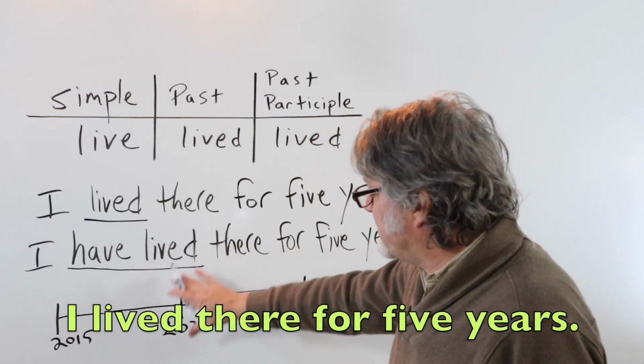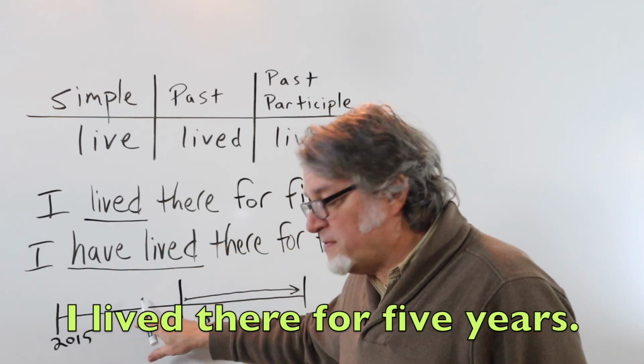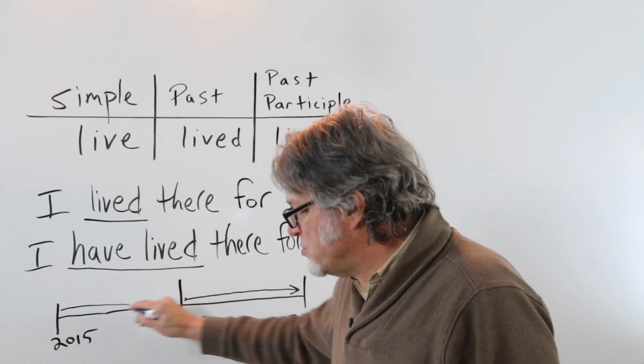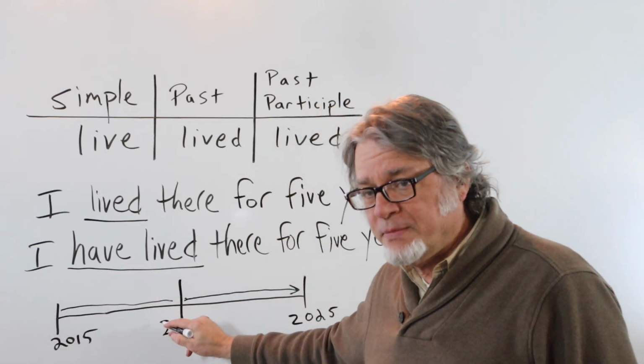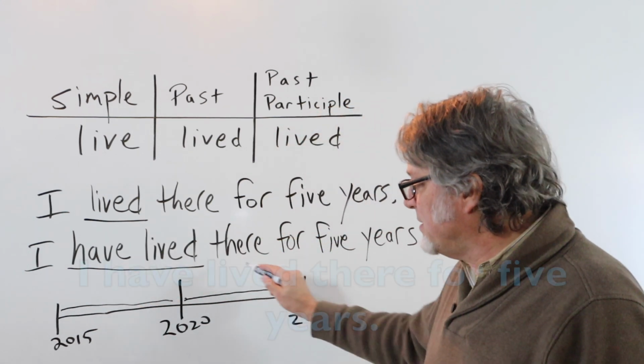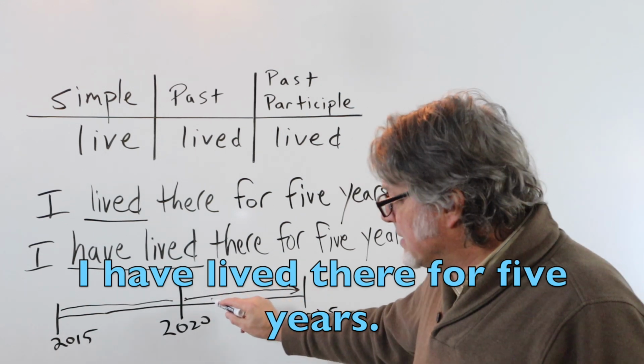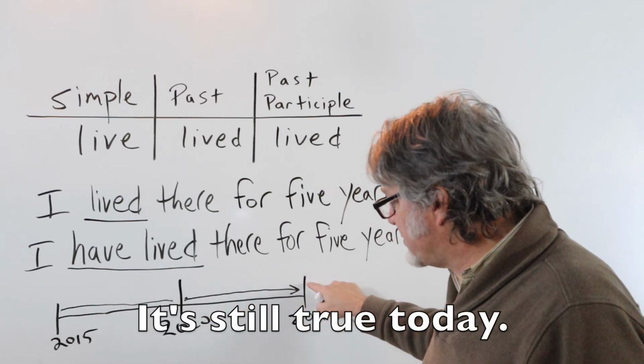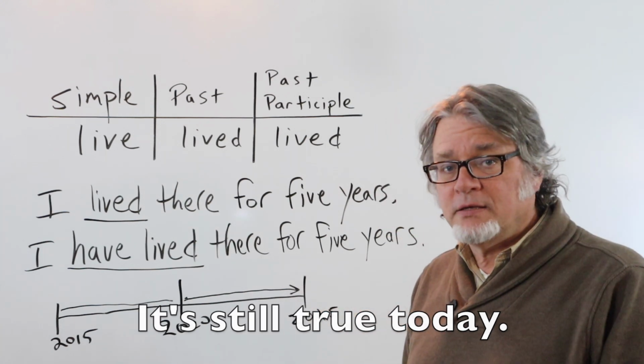I lived there for 5 years. This is finished. It happened between these two periods of time. And I have lived there for 5 years. This goes back to some time in the past, and it's still true today.